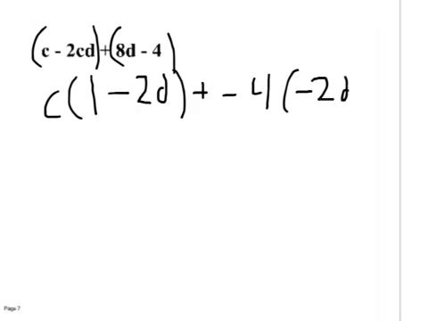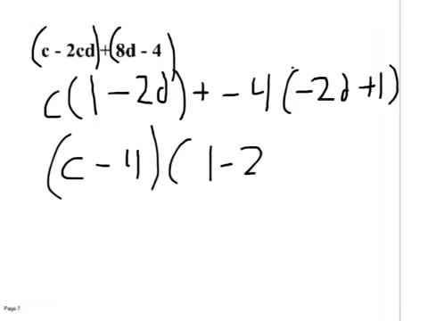Negative 2D. What is negative 4 divided by negative 4? Positive 1. Is this the same thing as this? Yes. So I combine C minus 4 and 1 minus 2D. Or you could do negative 2D plus 1. They are the exact same thing.